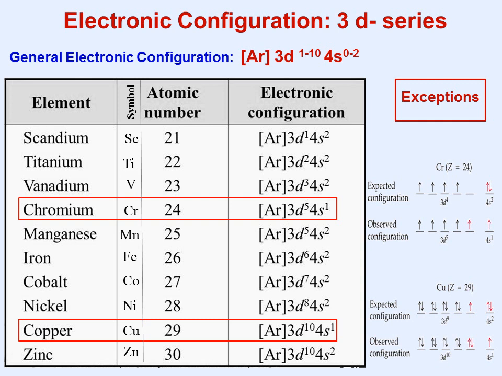Let us start with the electronic configuration of 3d series, that is the first transition series. In this series, there are 10 metals: scandium, titanium, vanadium, chromium, manganese, iron, cobalt, nickel, copper, and zinc.